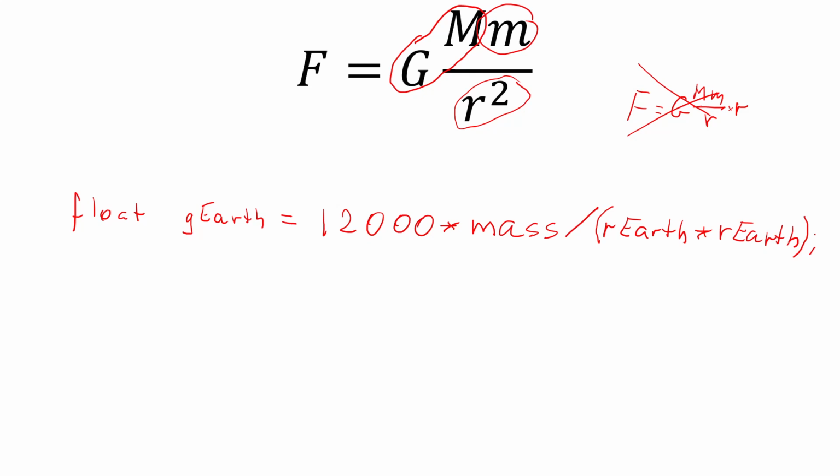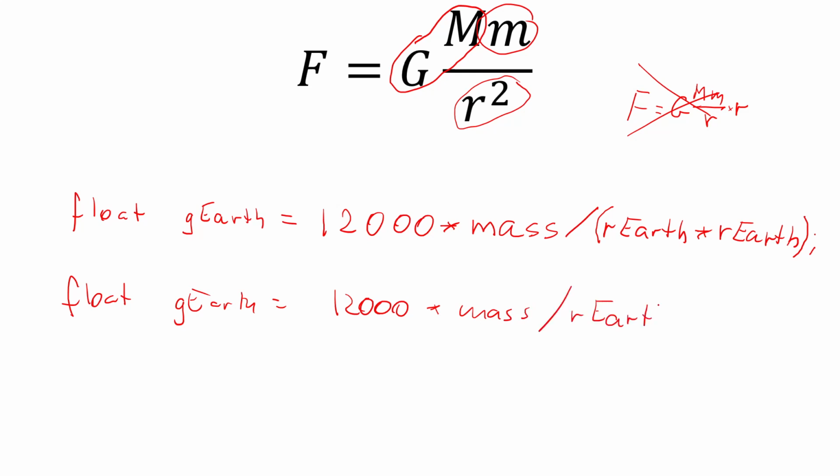This leads to another form of the same instruction. We could also do it in this way, equals 12,000 times mass divided by the distance from the Earth and divided by the same distance again. So instead of dividing by a product of this variable which requires additional pair of brackets, we can just divide it twice, and divided by r twice is the same thing as divided by r squared.